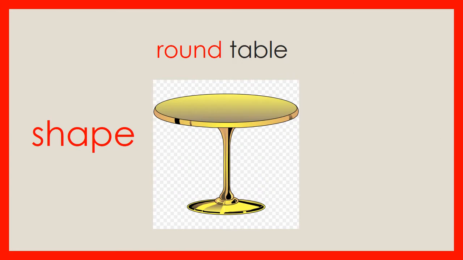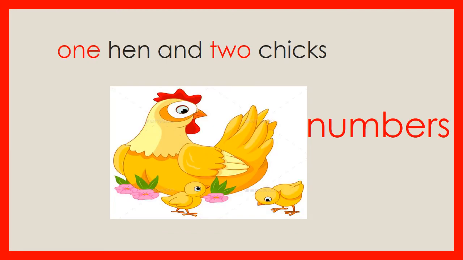For shape, we can say round table or rectangle book or oval shaped toy, right? For numbers, we can say 1 hen and 2 chicks, or we can say many balloons or 10 pencils.